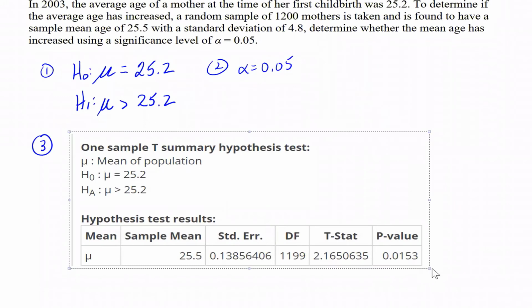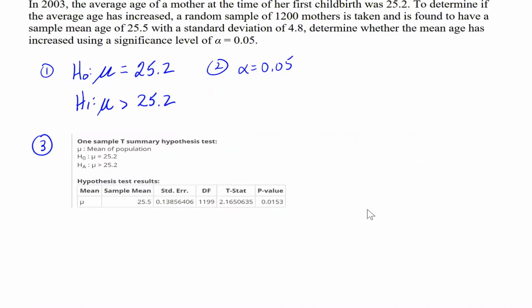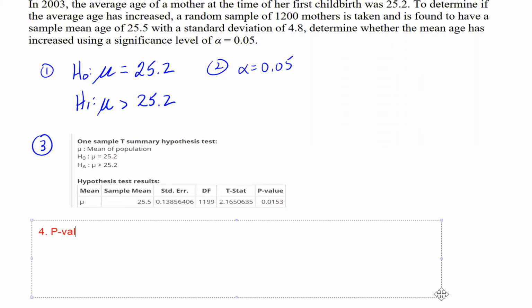The p-value is small, right? It's definitely less than the level of significance. And so we are going to reject the statement in the null hypothesis. Right, so the p-value is less than the level of significance, which was 0.05.